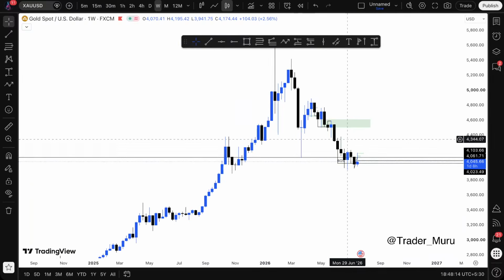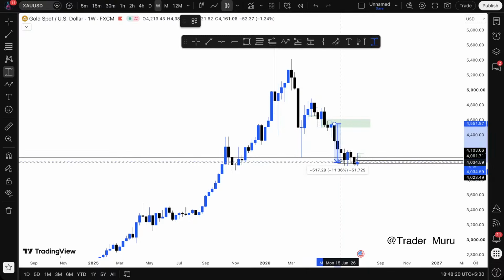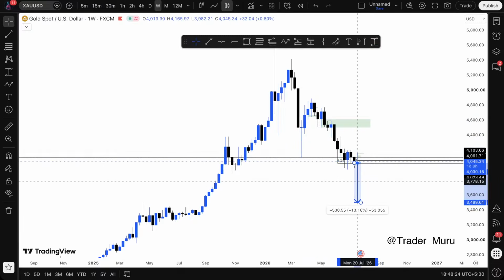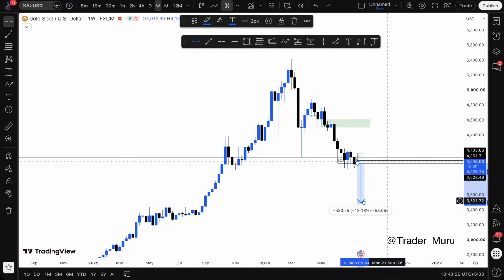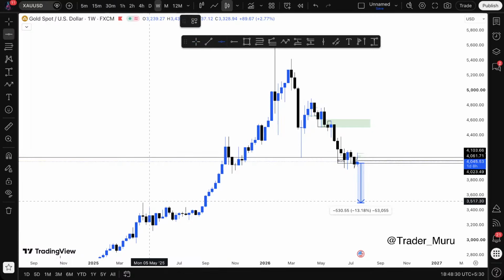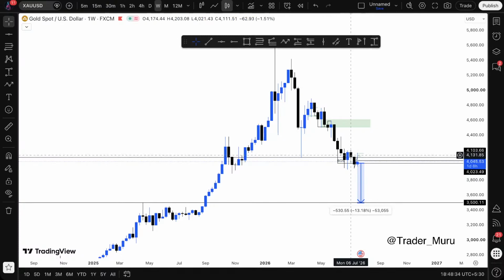And if weekly momentum is continuing, then this drop will be here. We will see 3500. Exactly. If weekly momentum continues from this area, we will see 3500 as a target.